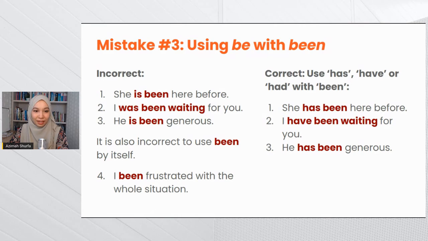Remember, I said it's incorrect to use been by itself. Subject plus been. No. Must be subject plus has, have, or had plus been. That's how we use been. Been should not be used by itself. So what's number 4?